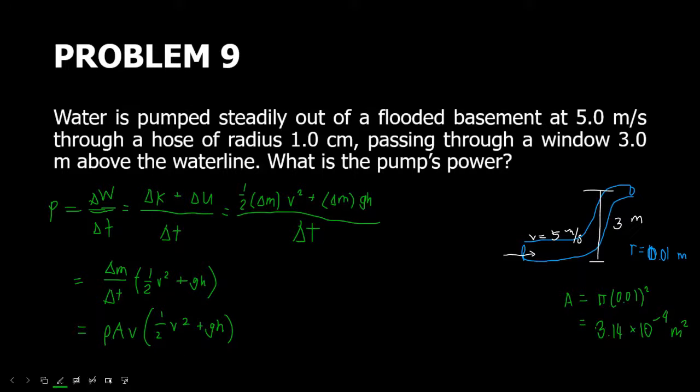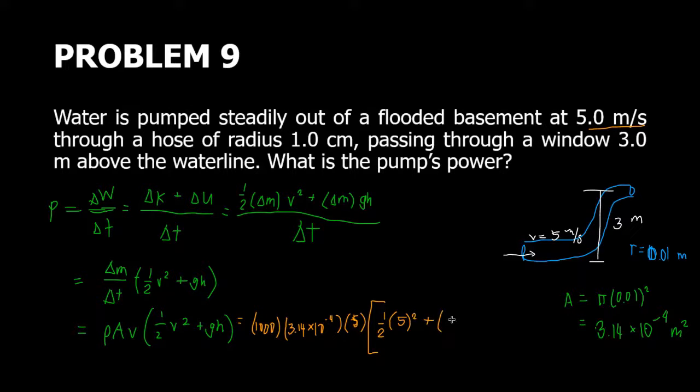So, this one will be equal to, let's change color. What is the density of water? That's 1,000 kilogram per cubic meter. Our area is 3.14 times 10 raised to negative 4 square meter. The velocity, what is the velocity given? That is 5 meters per second. Times 1/2 V, again, that's 5 meters per second quantity squared.